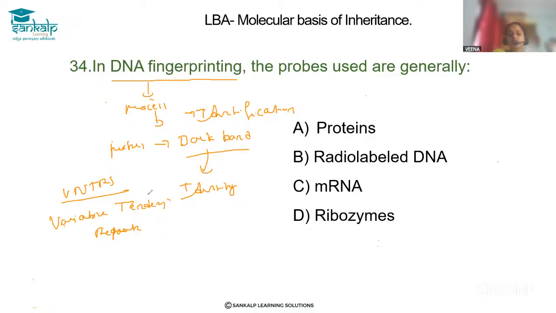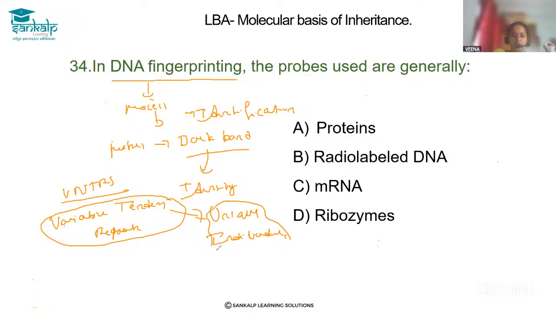These are very unique to the individual. In DNA fingerprinting only, this is what we are going to find, that uniqueness, through which we can apply it for so many processes. That's why DNA fingerprinting is useful.